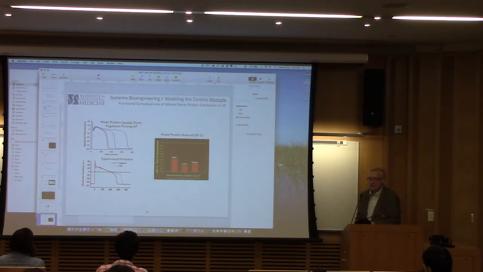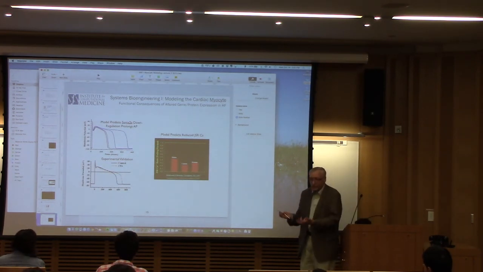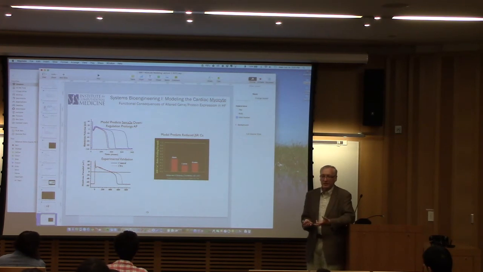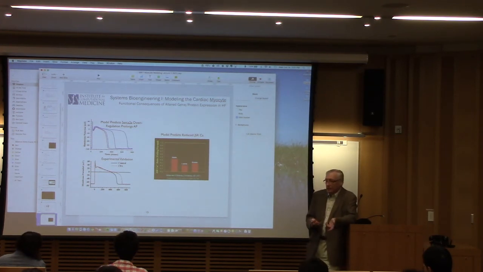And I won't take you through all of the modeling results that show you that. That is the case. This is the mechanism by which that dysregulation of a calcium pump feeds back onto a membrane current that has a very important role in shaping action potential duration. If you just downregulate the pump, you produce varying degrees of action potential prolongation.